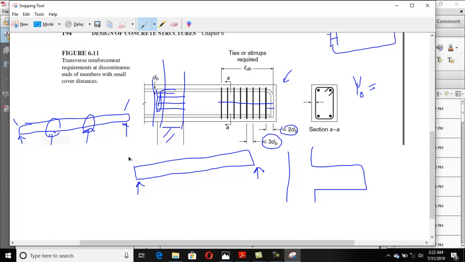This is called parallel arrangement, meaning these stirrups are perpendicular to this extension while parallel to the bar. Their distances will also meet the same criteria as mentioned here.